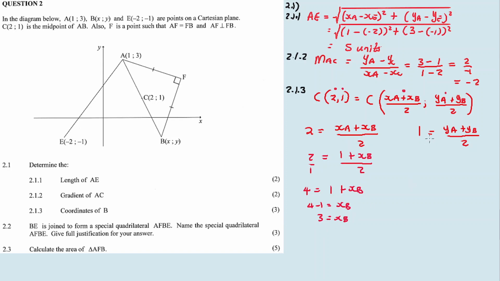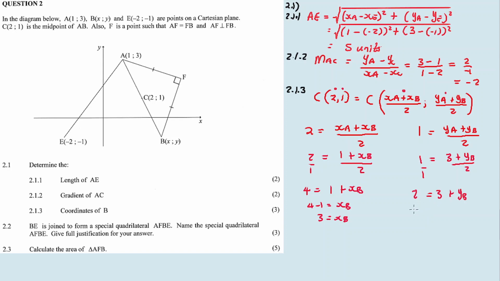Then we go to Y, we substitute YA with 3, plus YB, divided by 2, and divide by 1. Then 1 times 1, 2 times 1 is 2, 1 times 3 is 3, 1 times YB is YB.